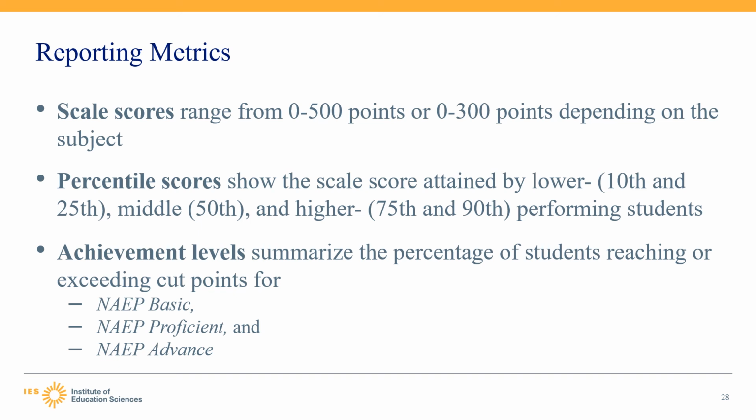Students reaching this level have demonstrated competency over challenging subject matter, including subject matter knowledge, application of such knowledge to real-world situations, and analytical skills appropriate to the subject matter. NAEP Advanced is superior performance.